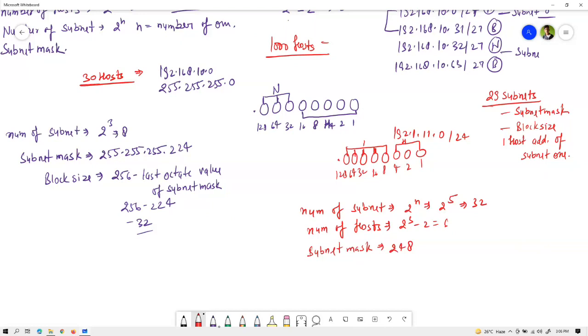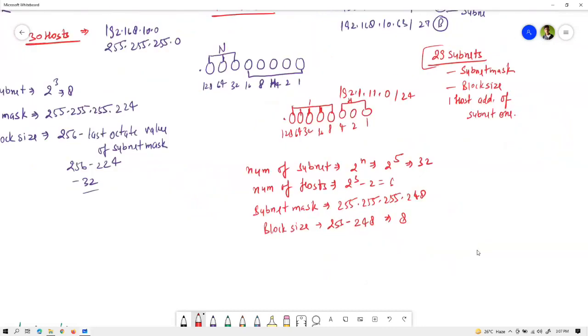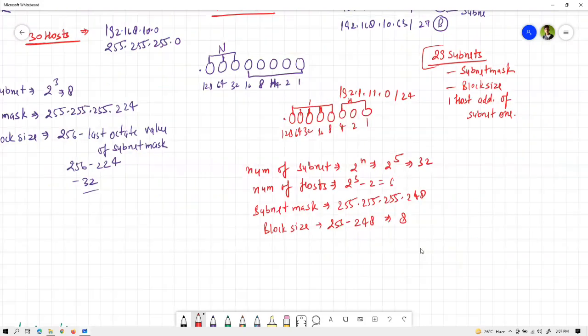Let me write it in full: 255.255.255.248. When you need 29 subnets, the block size will be 256 minus 248, which is 8. Now in one subnet you have 8 overall addresses, in which one network address and one broadcast address will be there, right?